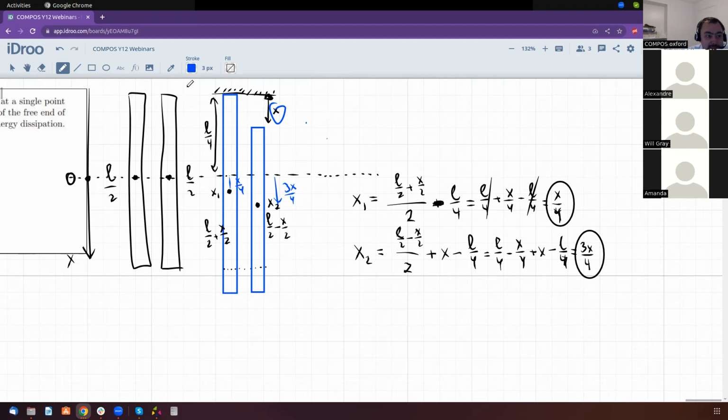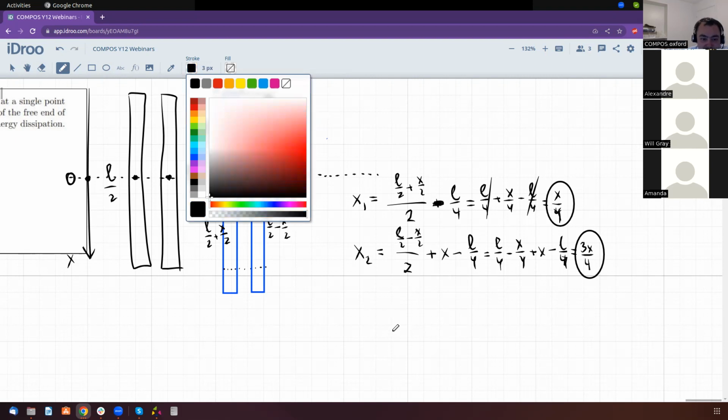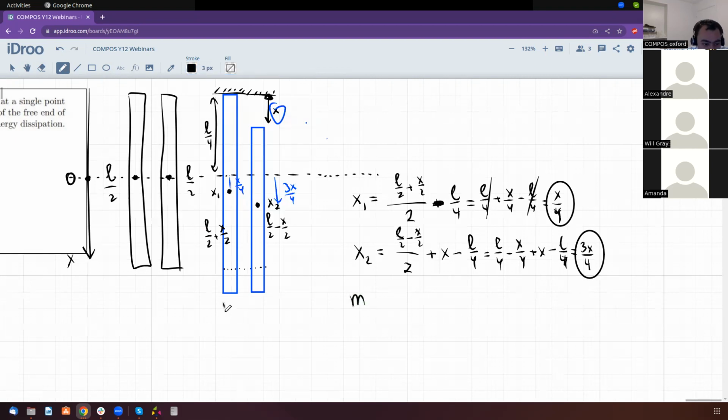Now we need to find how much the center of mass has moved. So we need M1, the mass of the first rope, and the mass of the second rope. The mass of the first rope is the fraction of the length. So it's L over 2 plus X over 2, divided by the length of the whole rope, L, and multiplied by the mass of the rope.